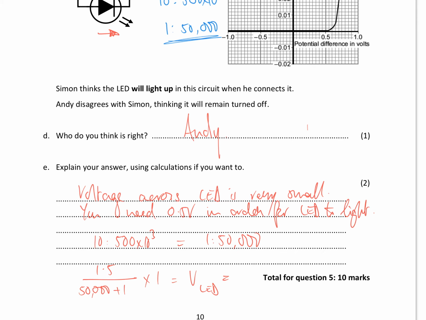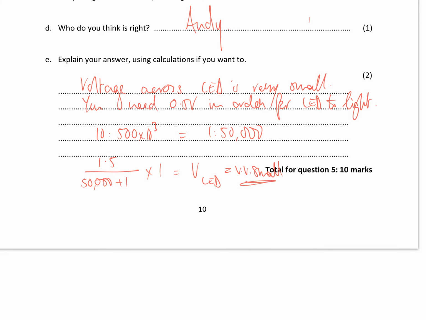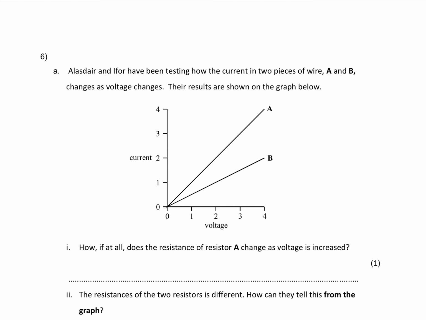So I'm taking total resistance multiplied by the resistance I'm after. And that gives me a very small voltage. Hence it won't light up. Wonderful. Next question.